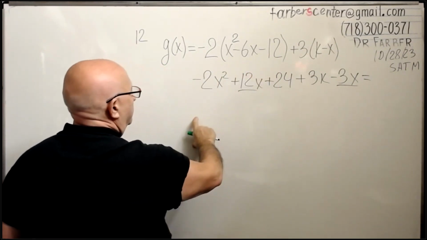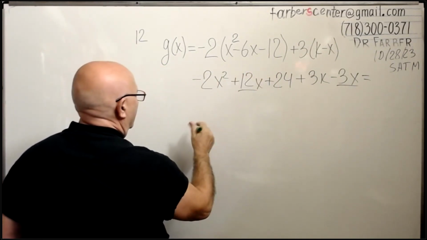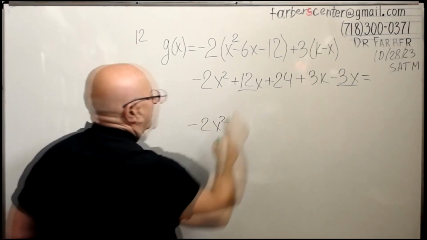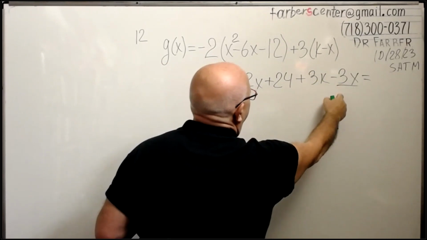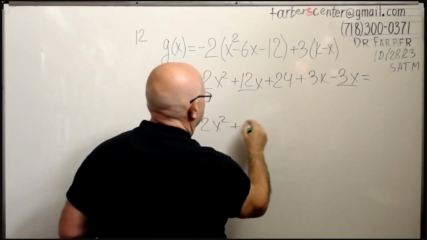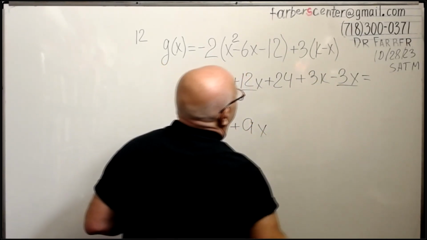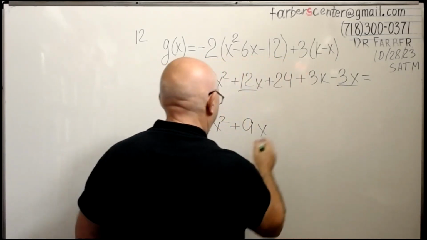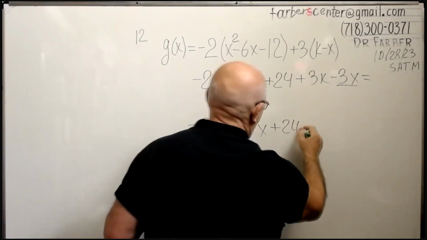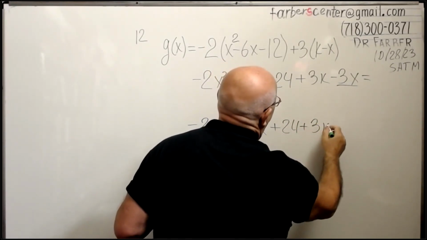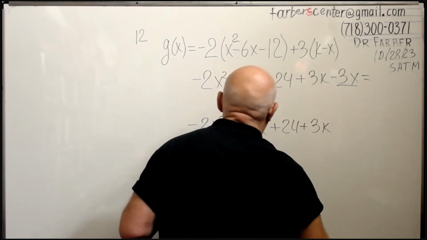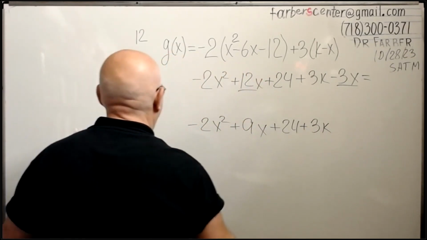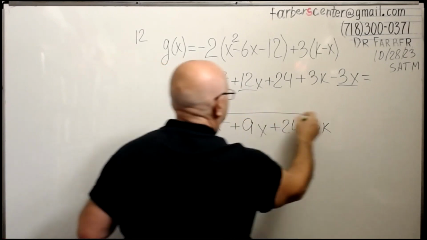I use a little bit of space here to save time. -2x squared, 12x minus 3x is plus 9x, plus 24 plus 3k, right? And you have to divide the answer by x. Let's divide by x.